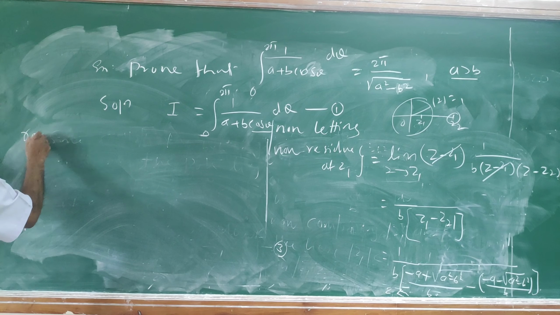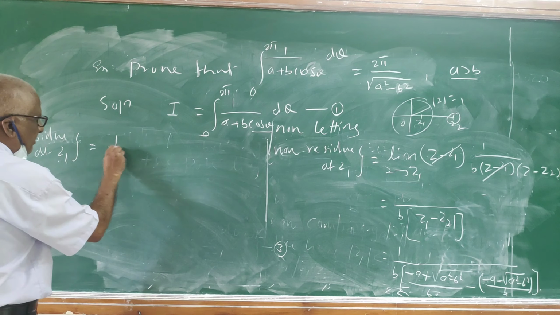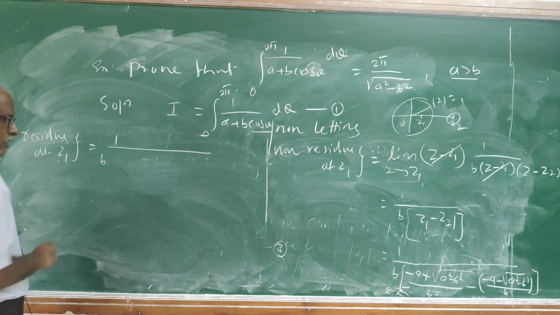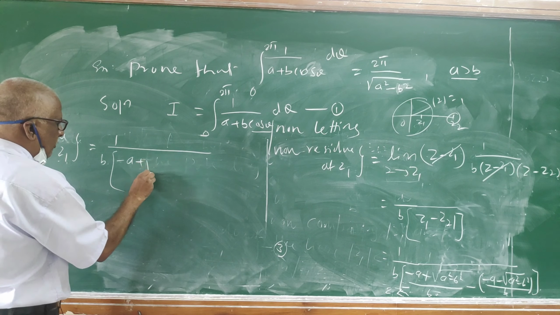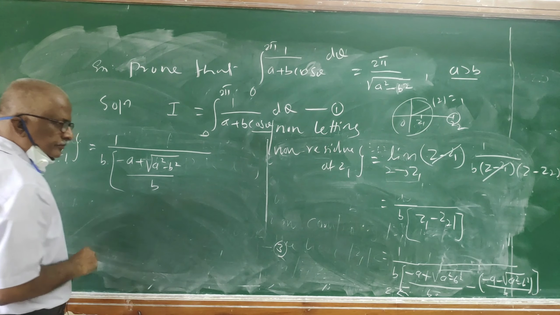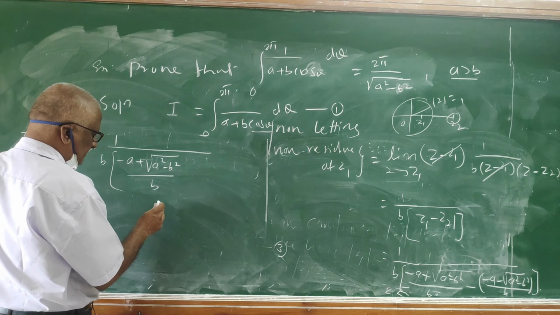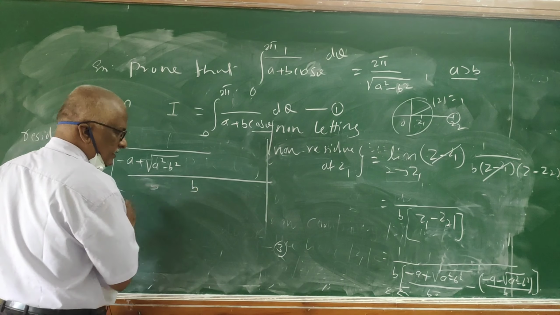That is, residue at Z1 is equal to 1 by b times, simplify it here, minus a plus square root of a square minus b square by b, where the LCM is the same. LCM is b only for both the terms. B is the denominator.